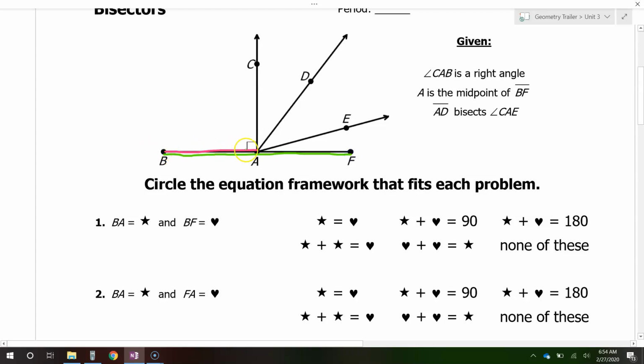The red is BA and the green is BF. How are those going to be related to each other? Remembering that A is the midpoint, that means the red is half as big as the green, or the green is twice as big as the red.